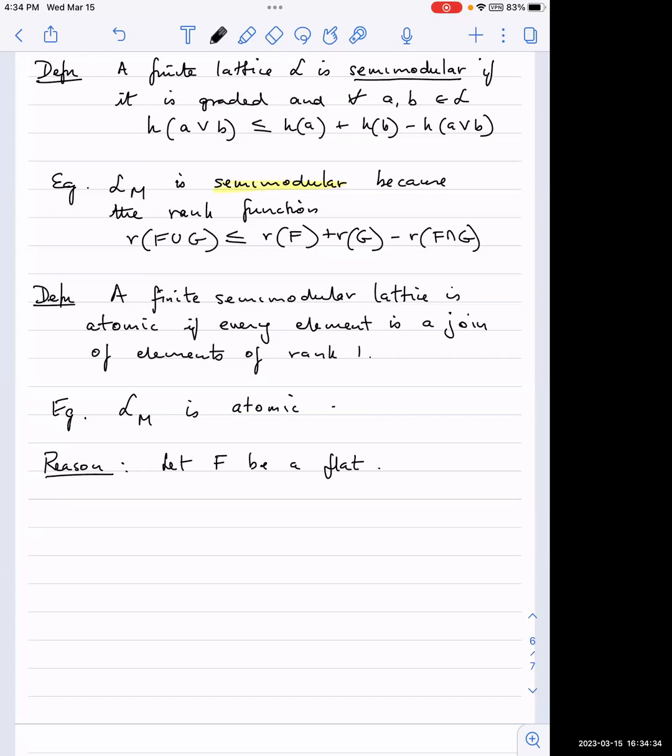Then for every little f in capital F, the closure of f is contained in F. So we can write F as the union of all its elements, which is the union of all the closures.